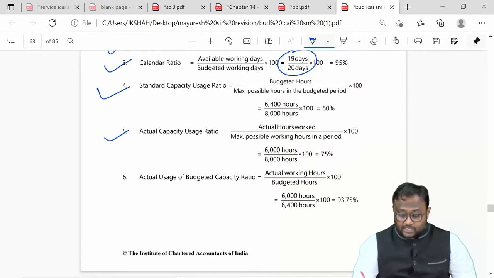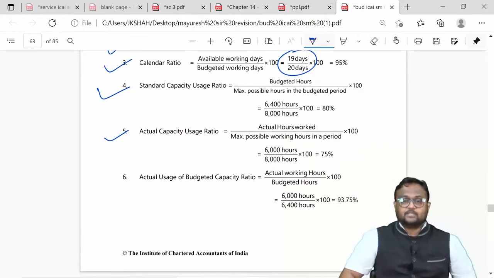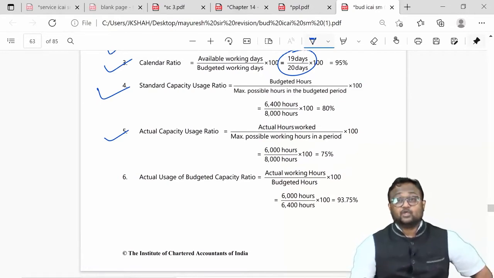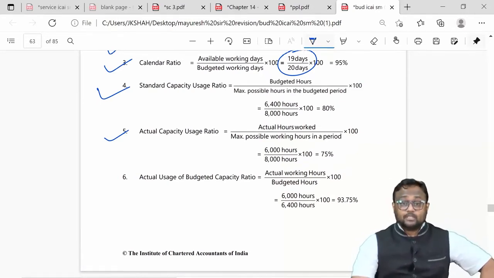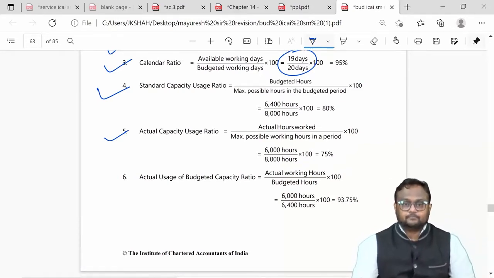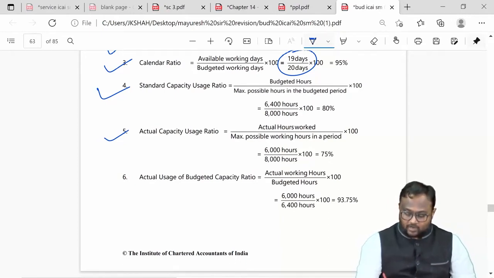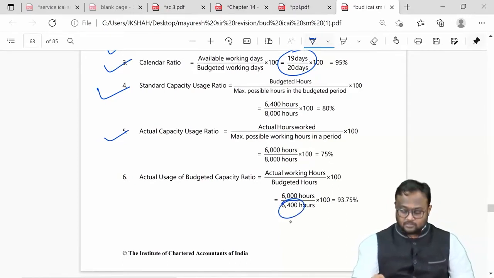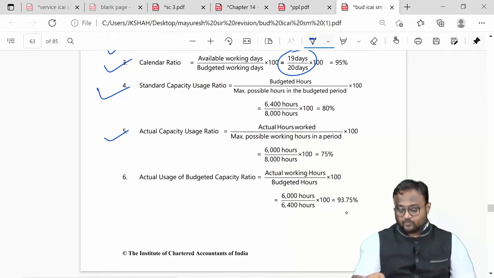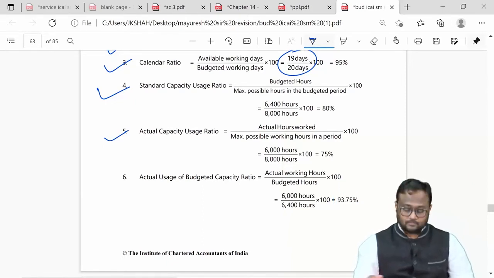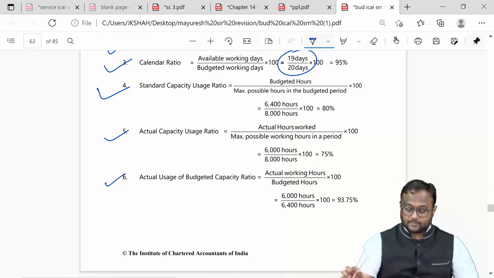And actual usage of budgeted capacity ratio. Actual usage, okay, with the available team. With the available team, I could have worked for 6,400 hours. I have worked for 6,000 hours. That means I have utilized the team well, 93.75%.